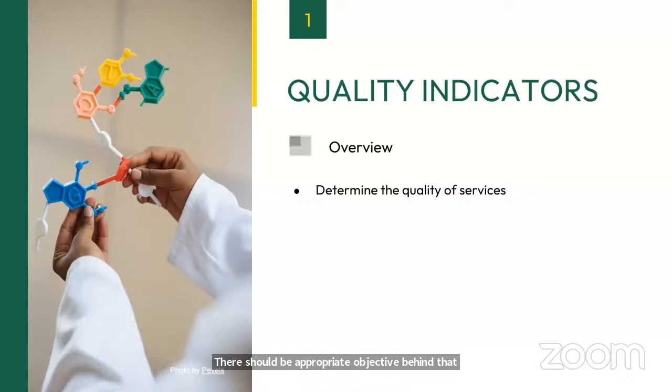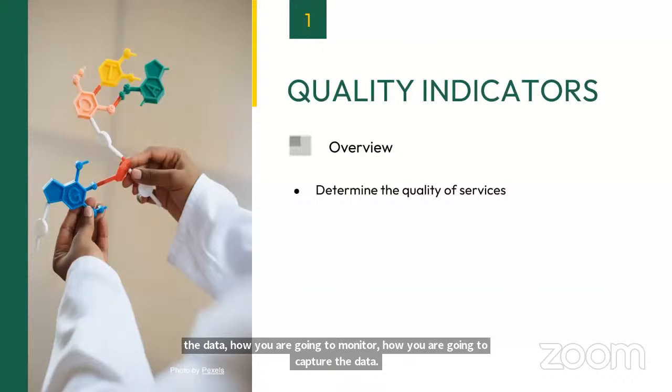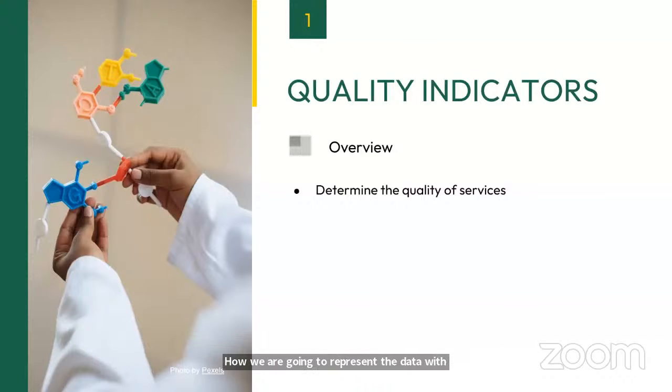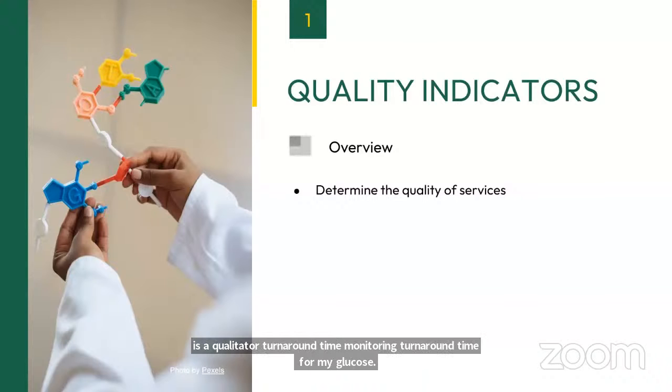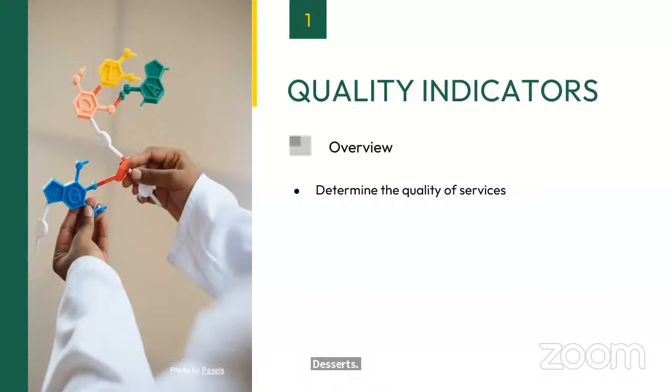Then you should have a specific methodology of capturing the data: how you are going to monitor, how you are going to capture the data, how you are going to represent it with the help of graphs and statistics, and how you are going to analyze it. What are your limitations? For example, take the quality indicator turnaround time. I am monitoring turnaround time for my glucose results, and I have fixed a turnaround time of 5 hours.